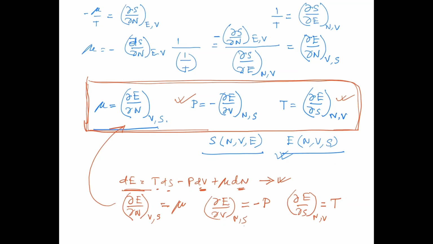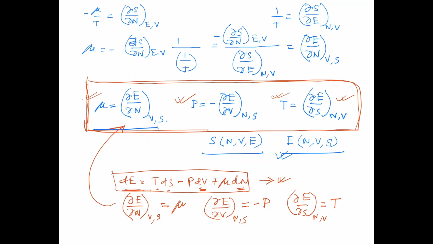So we find that these three relations for mu, P and T, which we have found through statistical considerations, can also be directly found from a well-known equation in thermodynamics. So the results which we obtain from statistical considerations and the results which we know from thermodynamic studies are exactly the same.